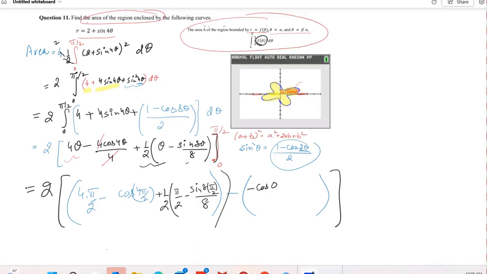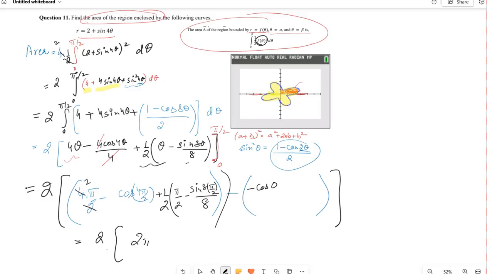So let's work on that. 4 times pi by 2 is 2 pi. Cosine 2 pi is 1. Pi by 2 times half is pi by 4.